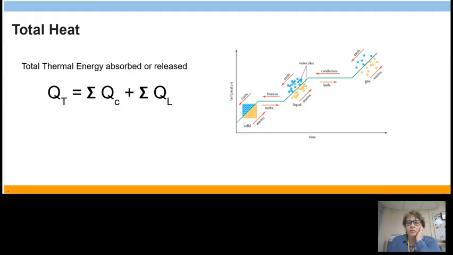Okay, so with an object, if you freeze something, or make it solid, you can bring that temperature down farther, right? And at that point, you're using specific heat.